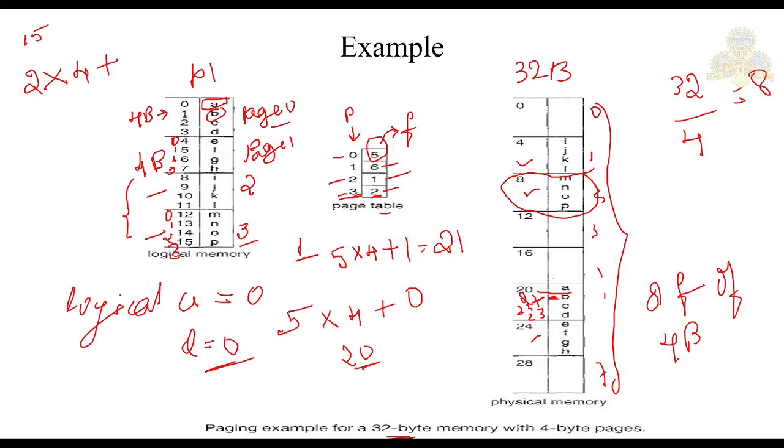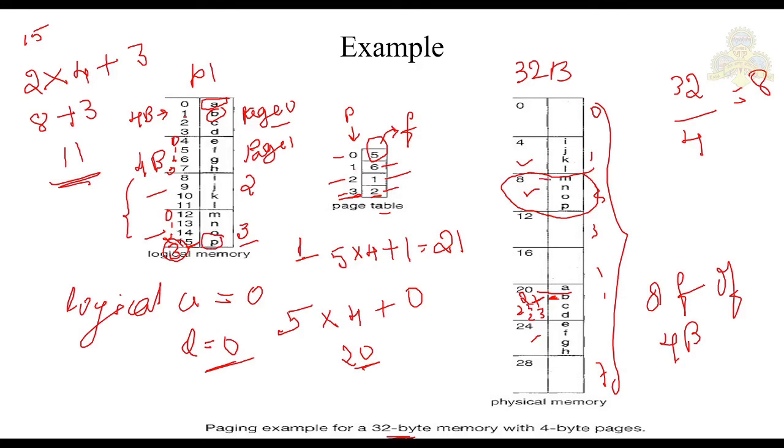That means for the logical address 15, the displacement is 3. So do this: 8 plus 3, which is 11. That means your instruction P should be present in location 11. Just check that.